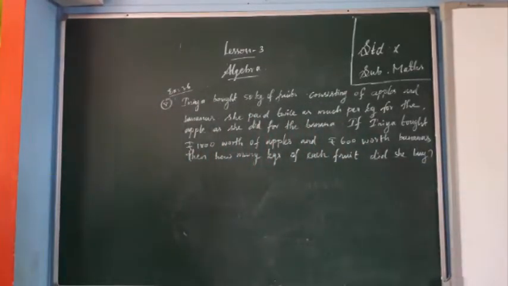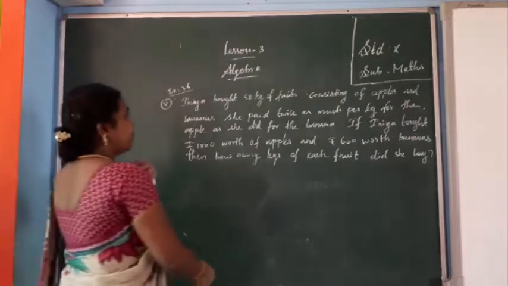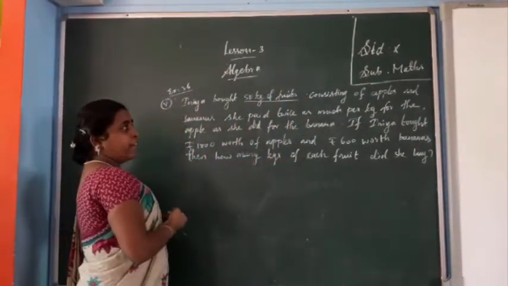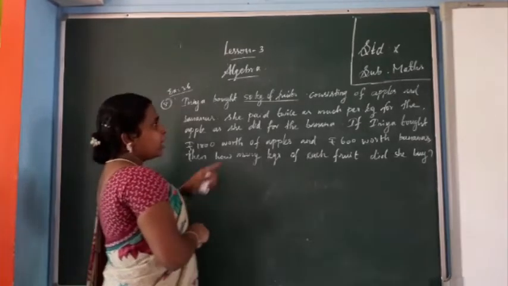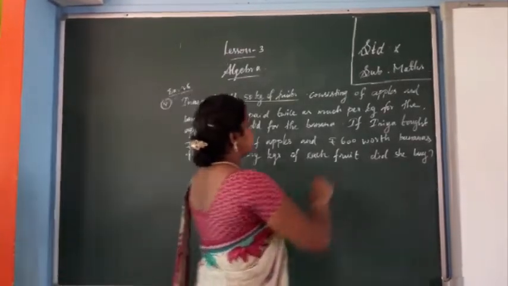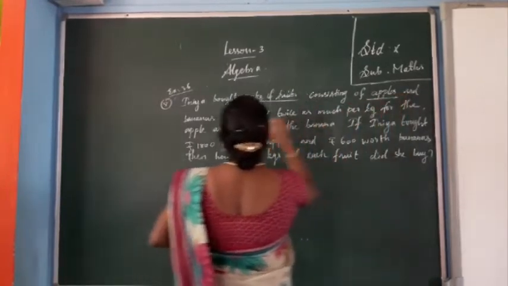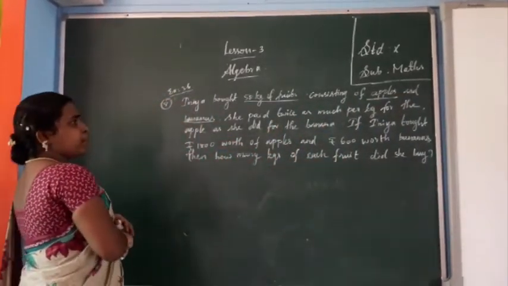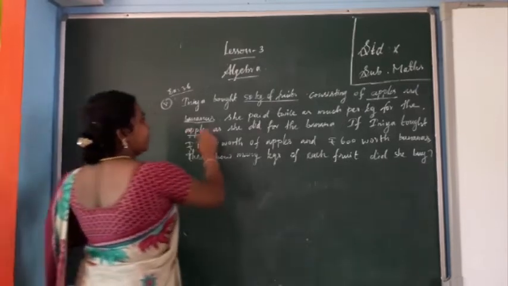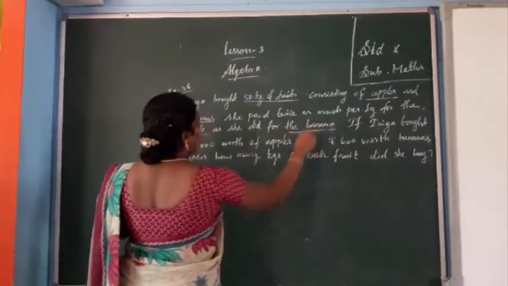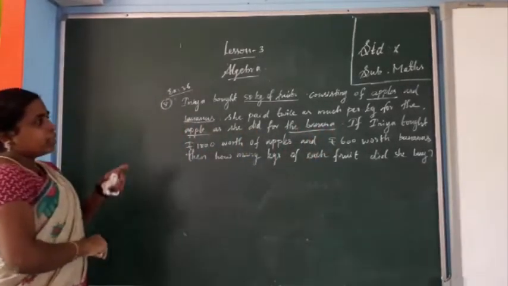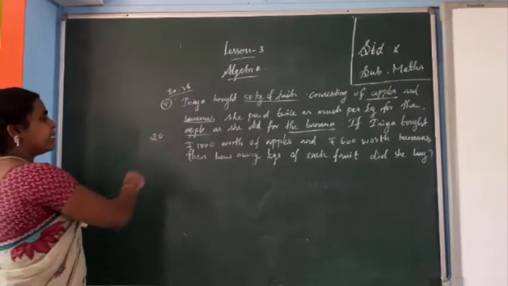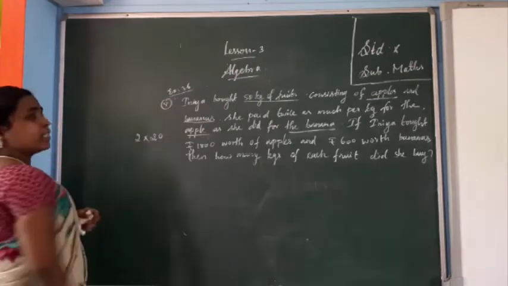The question is, Inia bought 50 kg of fruits. So the total weight of the fruit is 50, consisting of apple and banana, two types of fruits. She paid twice as much per kg for the apple as she did for the banana. Suppose she paid 20 for banana, then for apple she is paying 2 into 20, that is 40.